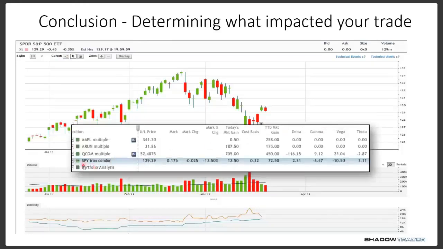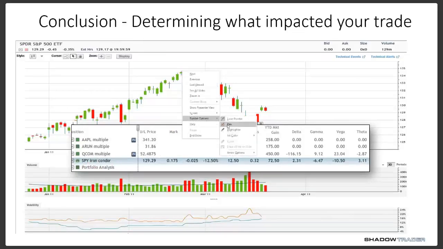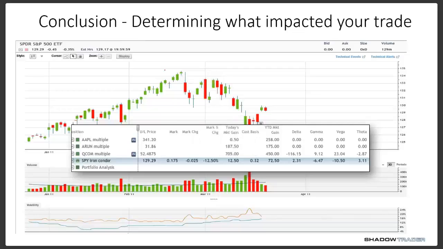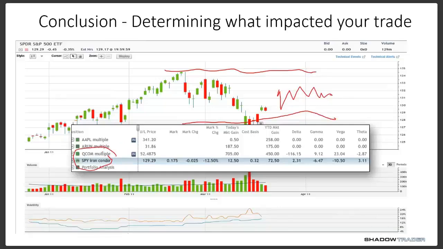I've got this iron condor that's on. Let me do a pointer option. I'm going to go to a pen. So I've got an option trade that's a bear call up here and a bull put down in here. I want it to stay in between this level. That's what this iron condor, which we don't do in this advisory, is saying.